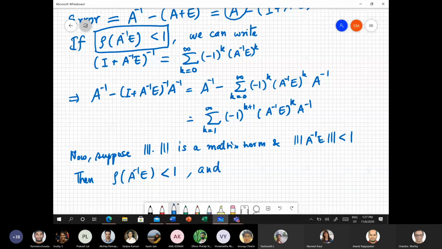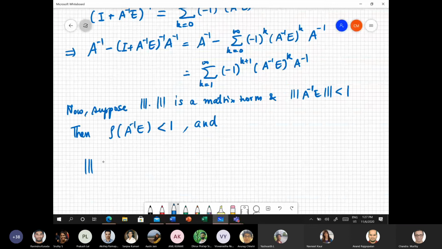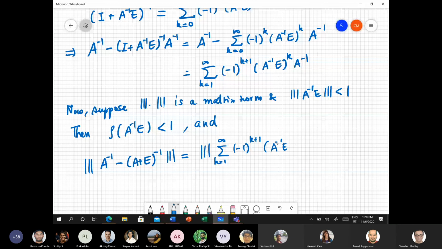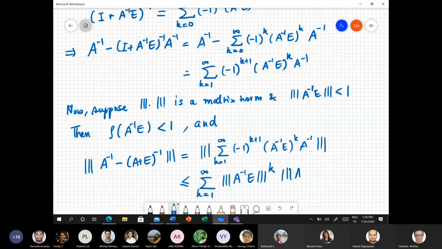And if I compute the norm of A inverse minus (A plus E) inverse, that will be equal to the norm of this summation, k equal to 1 to infinity, (minus 1) power k plus 1, (A inverse E) power k, A inverse, which is less than or equal to, I'll take the norm inside and apply submultiplicativity, sigma k equal to 1 to infinity, norm of (A inverse E) power k times norm of A inverse.